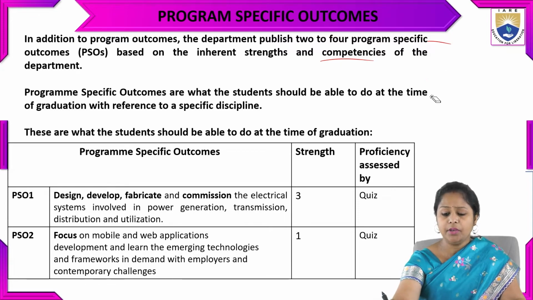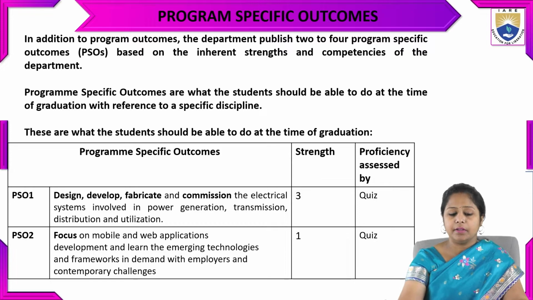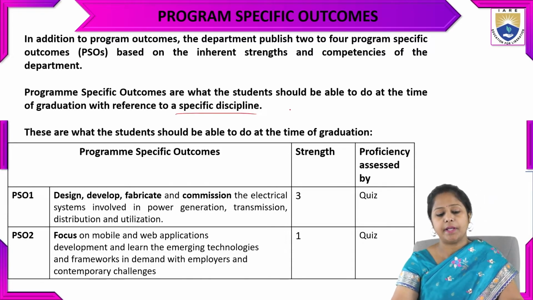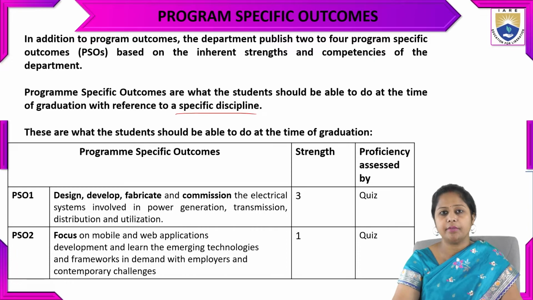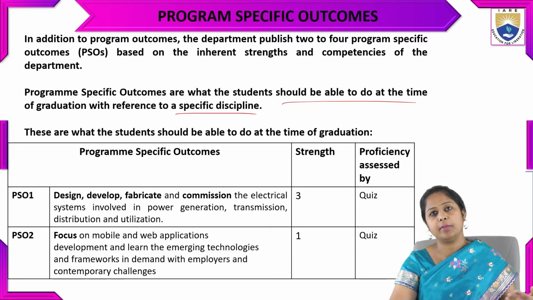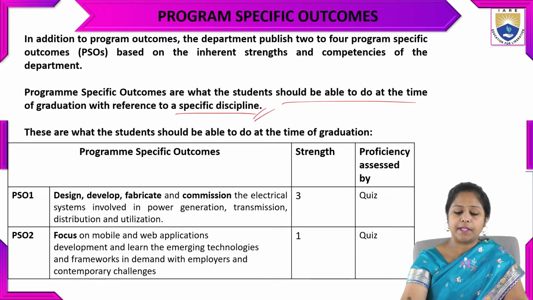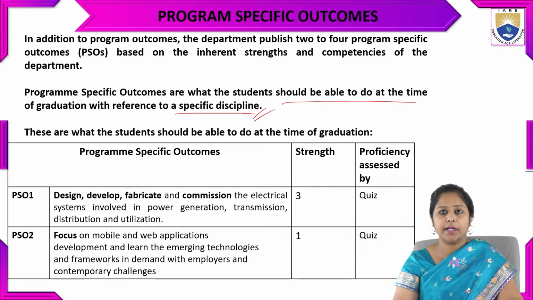So if a student takes admission in BTech information technology, what different abilities and outcomes will he have when he completes this course? Then he'll be able to understand, achieve, and give particular outcomes to the society as well as to the industry within the specific discipline. So these are what the students should be able to do at the time of graduation.